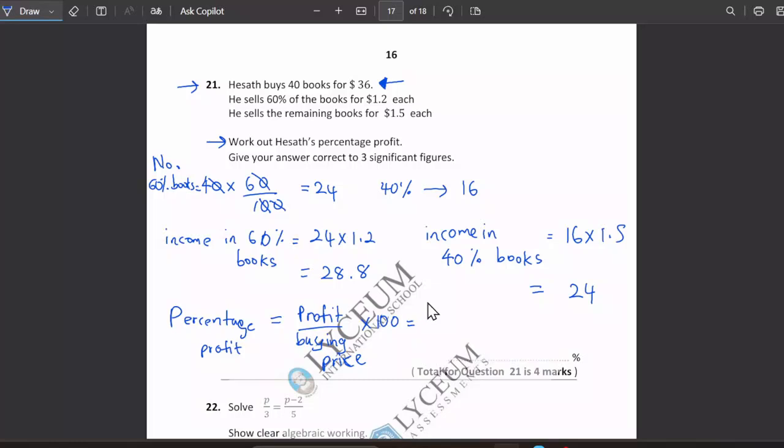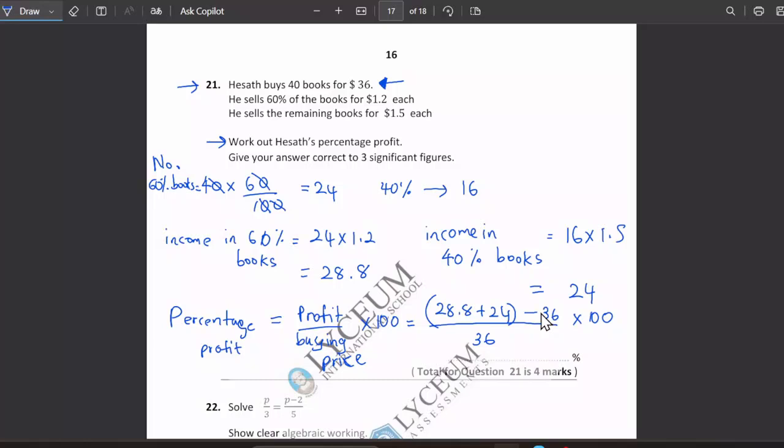We can get the profit by 28.8 plus 24. From that we subtract the buying price 36, and divide by the buying price 36, times 100. So this will give us the answer.